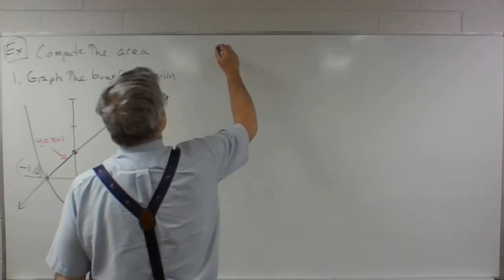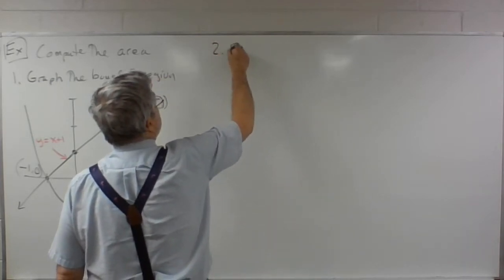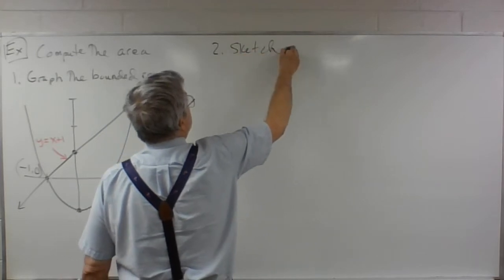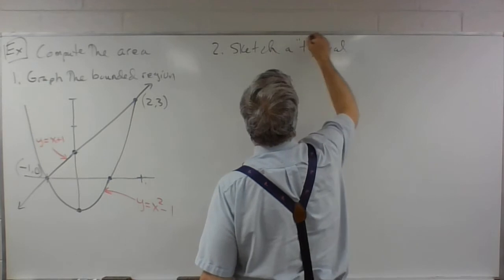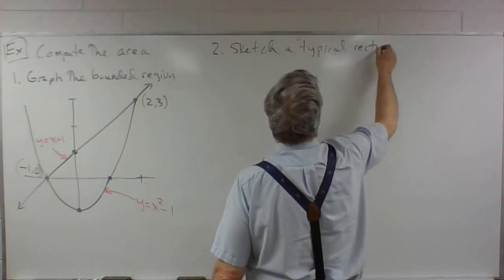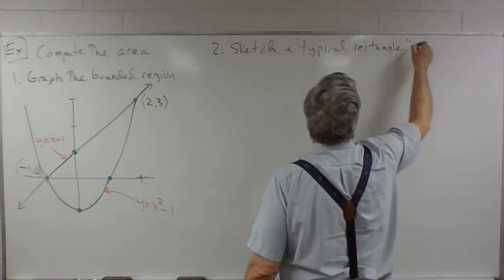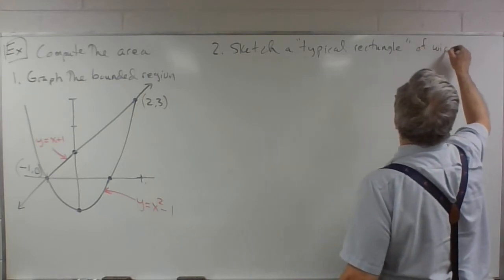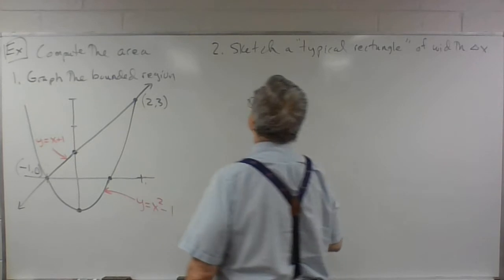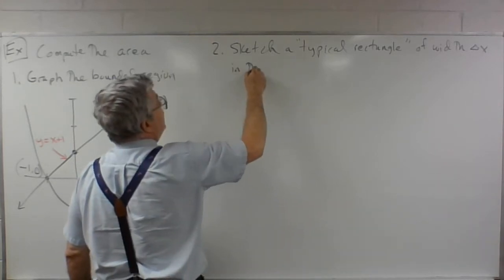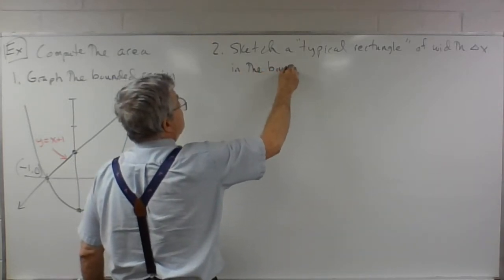My second step, therefore, will be to sketch a typical rectangle of width delta x in the bounded region.